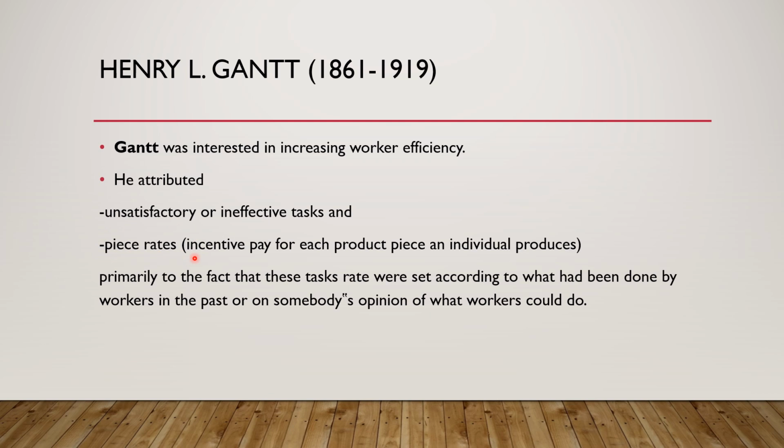After 40, whatever I make, I will be earning some amount on every product I made. So the person who was making 50 would be happy that he is earning a lot, and the worker who was making 35 would be motivated to work more to get this piece rate. So that is what Gantt propounded.